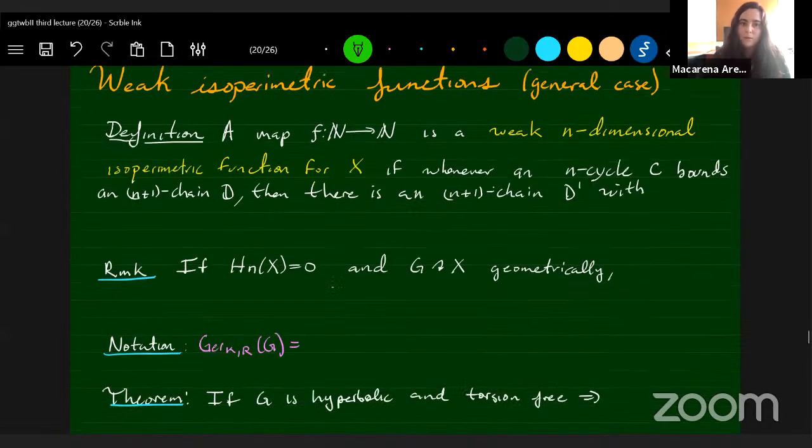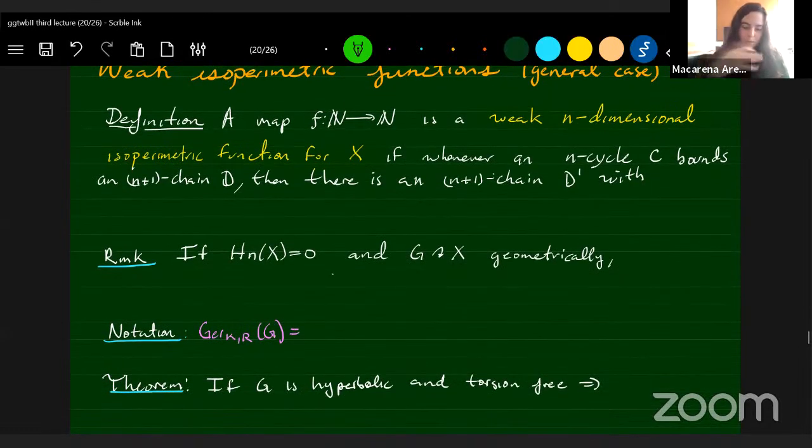And now I would like to define weak isoperimetric functions in the general case.